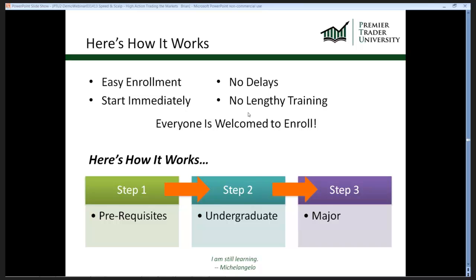Anyways, let's talk a little bit about the university. And first of all, step one. Let me state first that the university was created by us because we wanted a better way to engage traders, a better way to train traders how to trade.